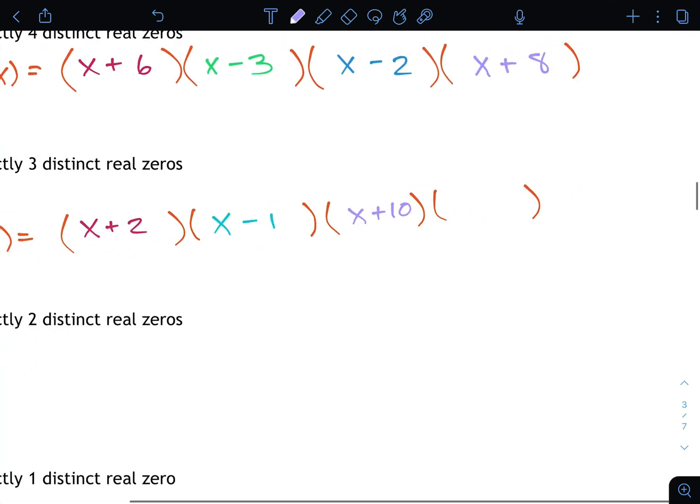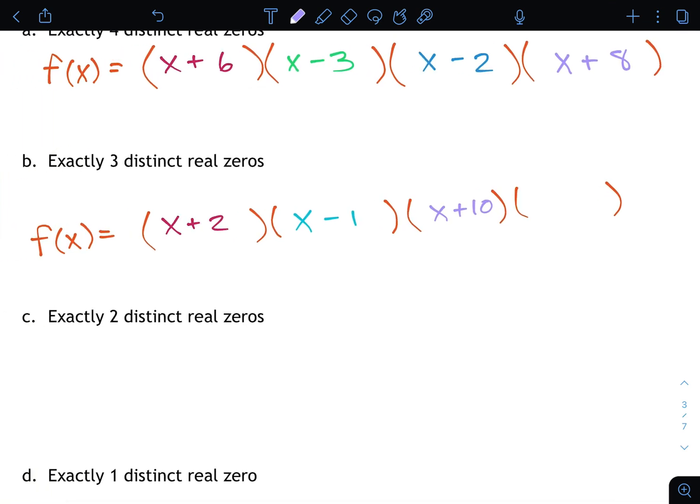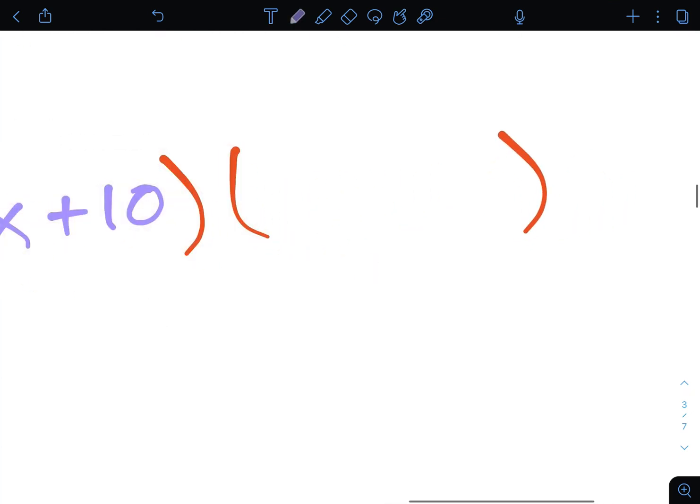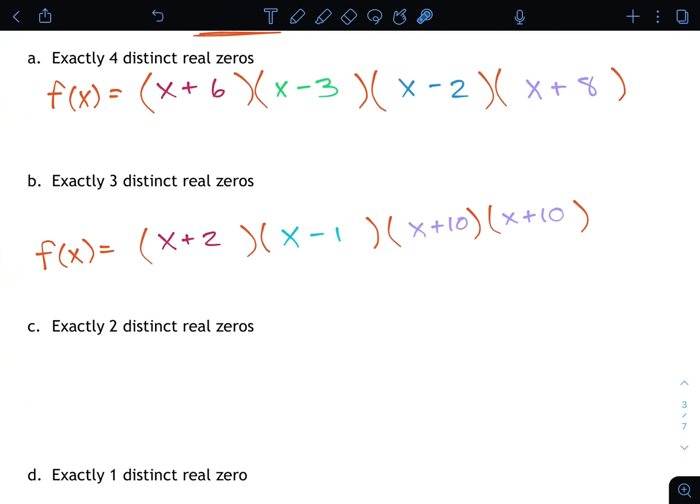At this point, I've already come up with 3 distinct groups, right? And I only want 3 zeros. So that means I need to repeat one of these. I could repeat any one of these. I might just repeat the last one. This way I have 1, 2, 3 unique ones, and then one of them is a repeat, so that won't be a unique 0.